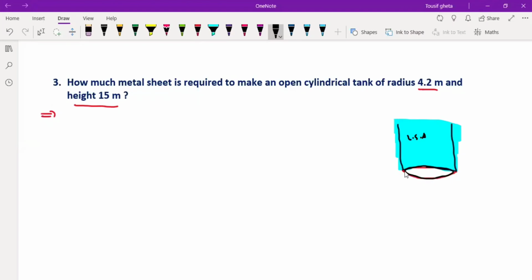So the base of the cylinder is in the shape of what? Circle. So what is the area of a circle formula? Pi r square. So we are going to use the formula of the lateral surface area of the cylinder as well as the area of a circle formula to find out the area of the metal sheet required to make an open cylindrical tank. Okay, so let us find out.